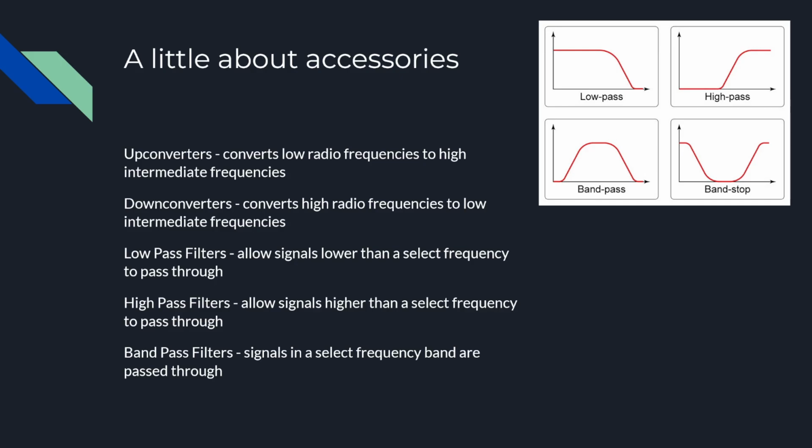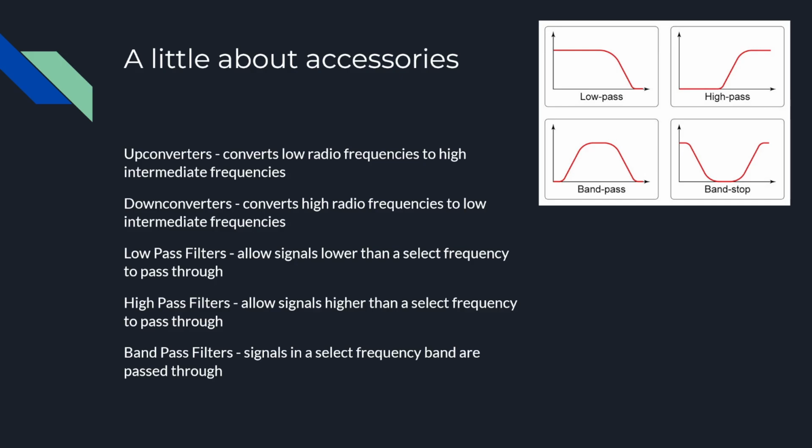But outside of that, there are things like low pass filters. These are filters that allow any signals lower than a select frequency to pass through. With software defined radios, we don't really have to worry about these kinds of filters as much because a lot of filters are going to be software defined. That's the cool part. But you can still buy hardware filters, as they can be more effective in some cases.